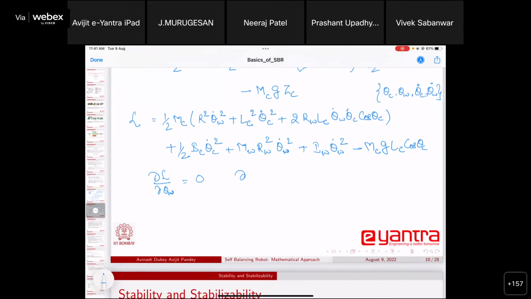Then, second is del L by del theta C. Now if you see, there is a component of theta C here also, in two places. So now if you take the derivative, this becomes mc g.